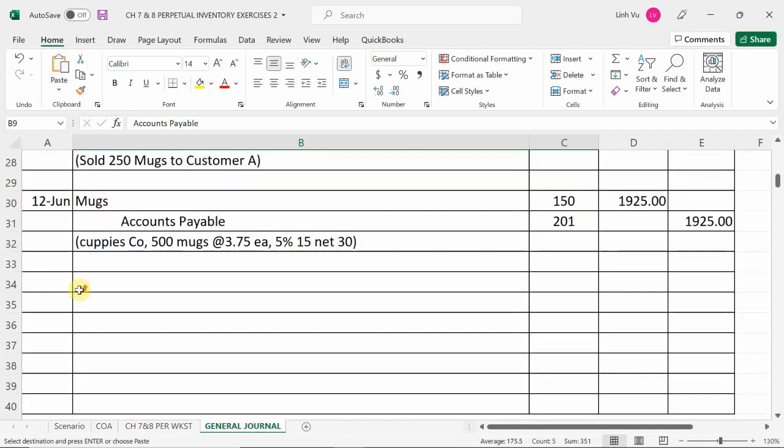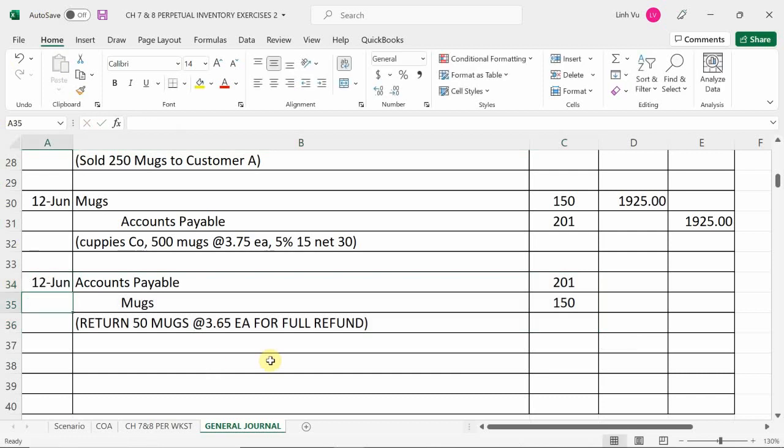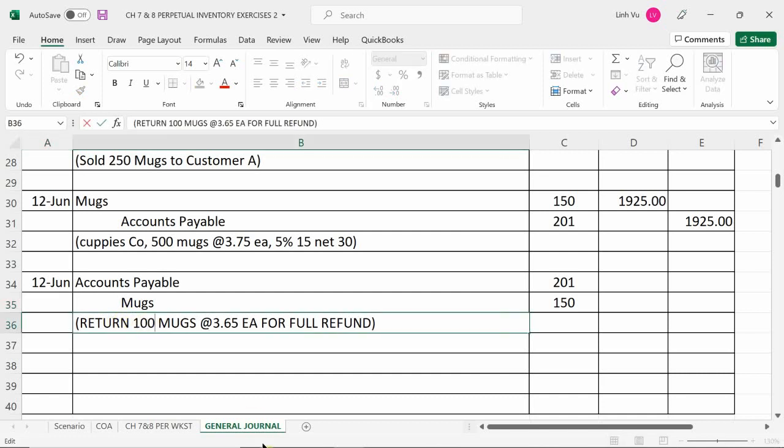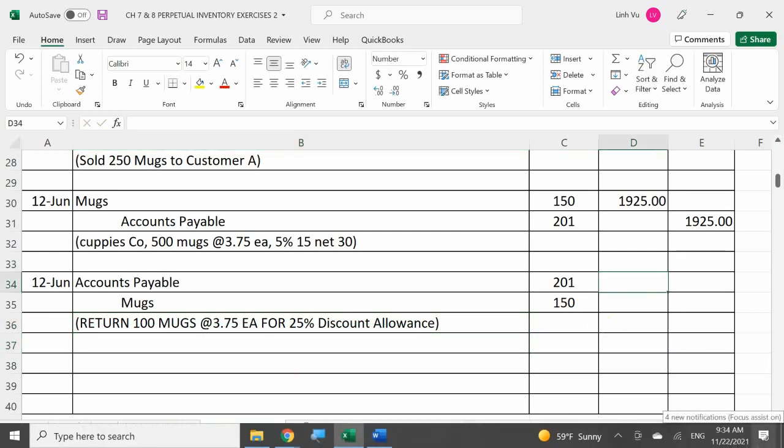So once again, I never made a payment to Puppies Co. So therefore, it's going to reduce my accounts payable. Okay. For $93 and 75 cents.